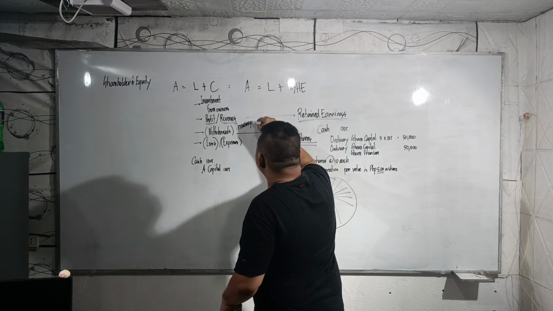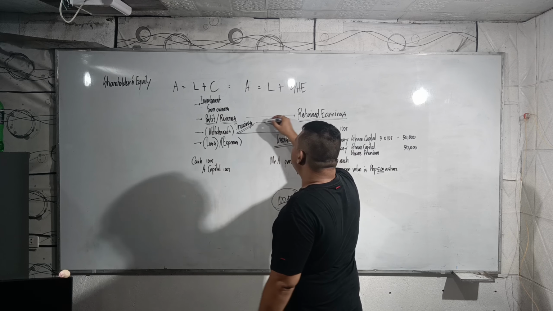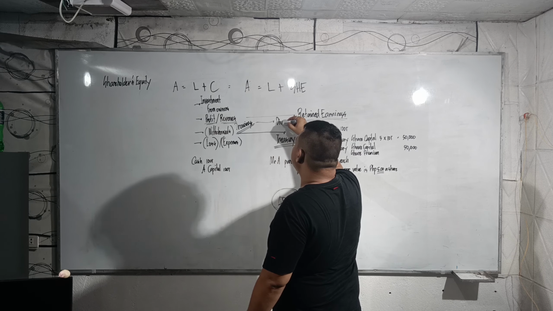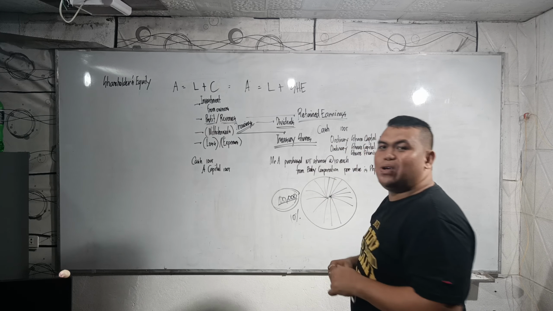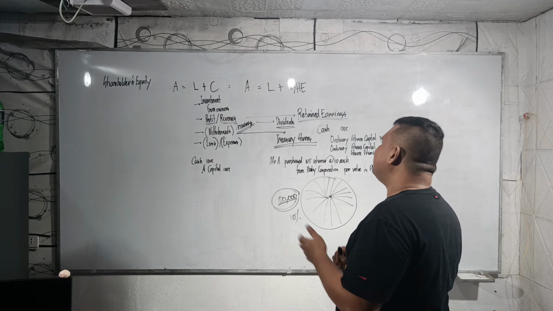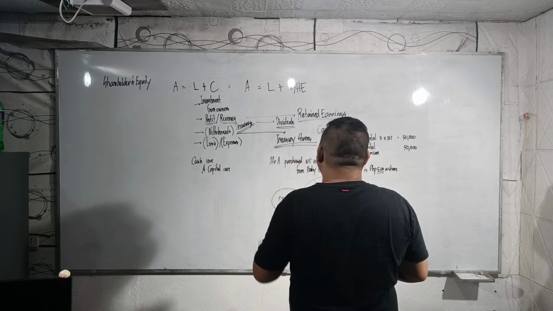Again, drawings are withdrawals by the owners of their share of profit. Here, in the corporation, we have dividends. We're going to talk about that later on. So, those are the counterparts of these things.